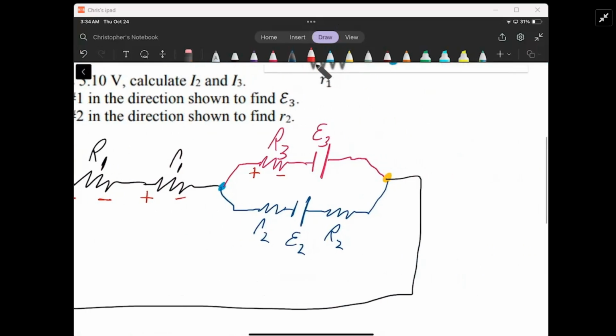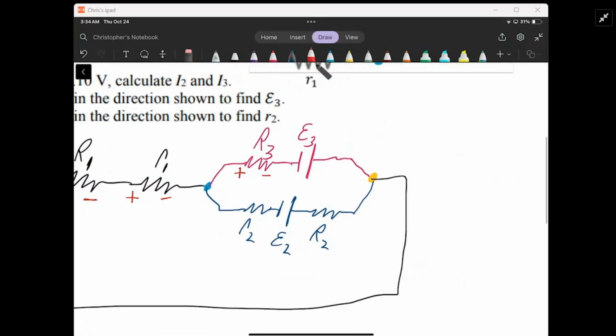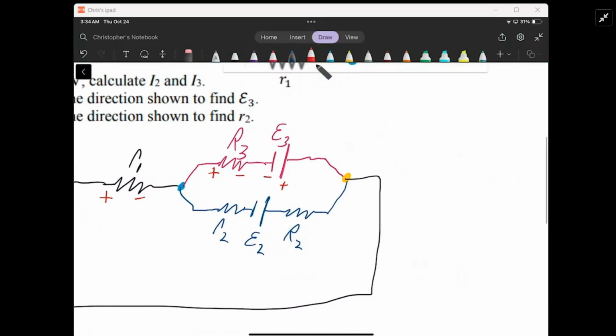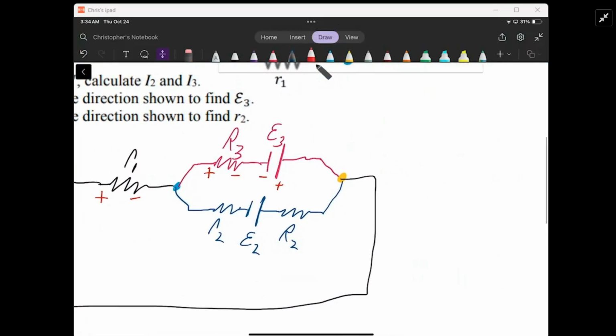negative end. Here's the thing, when you have the battery, since it's going in the same direction, wouldn't it be having a positive sign? If you had a battery that was hypothetically going in, let's say, this direction, then it would be like this.